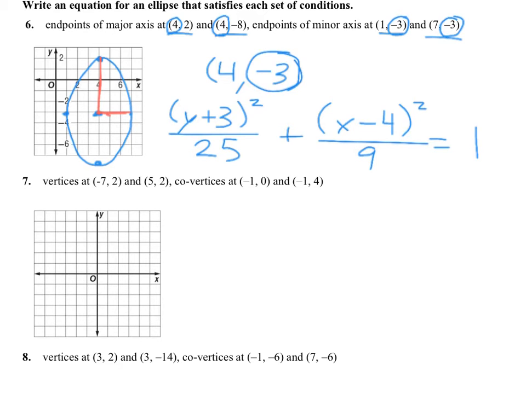Alright, the vertices, I'm going to plot those for number 7. The vertices are -7, 2 and 5, 2, which doesn't fit on the graph unless I count by 2's.